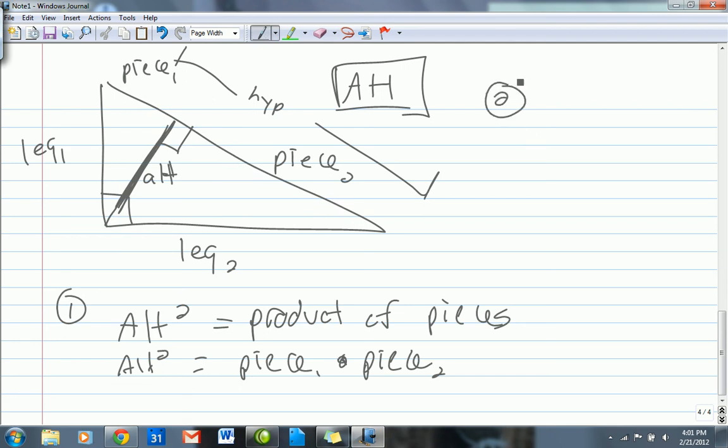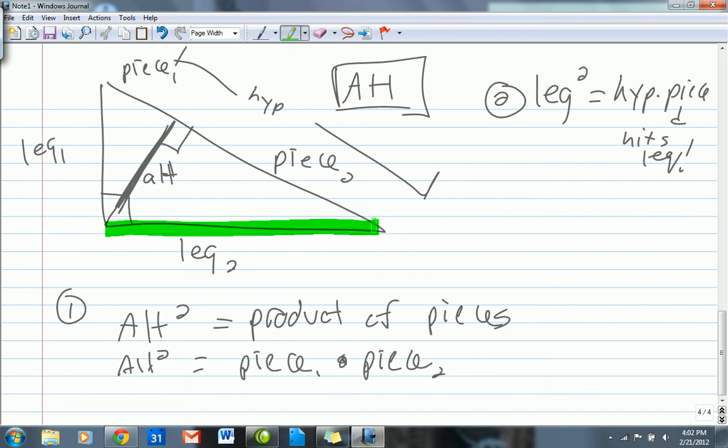And to generalize that, the square of either of the legs is equal to the hypotenuse times the piece. Which piece? The piece that hits the leg. So for example, this leg squared is equal to the whole hypotenuse times this piece.